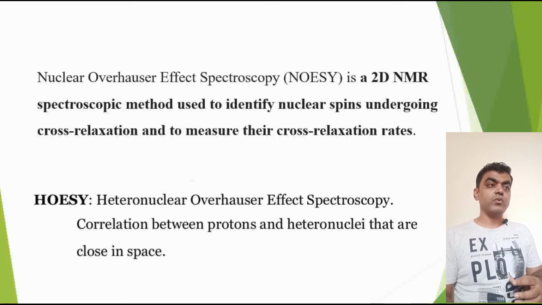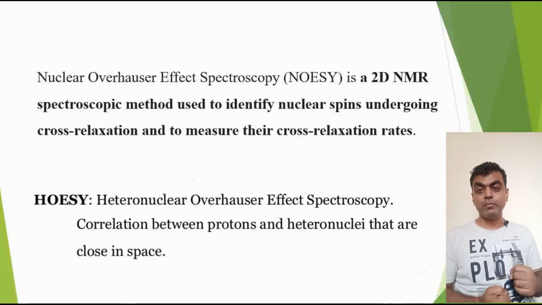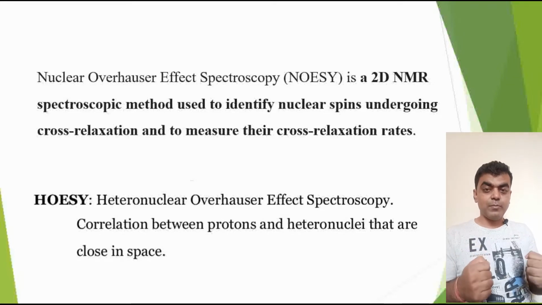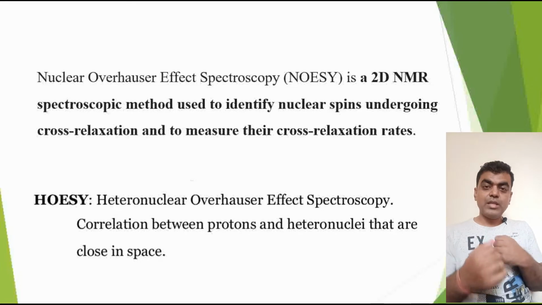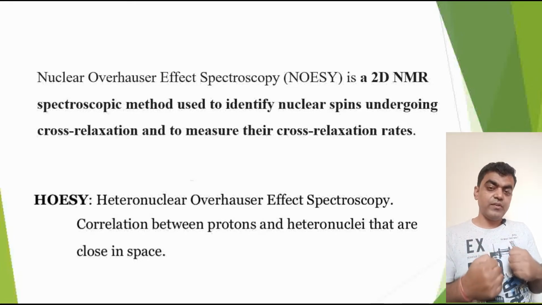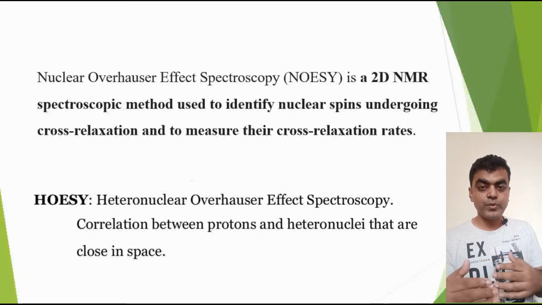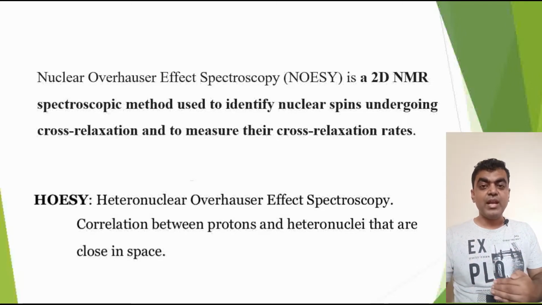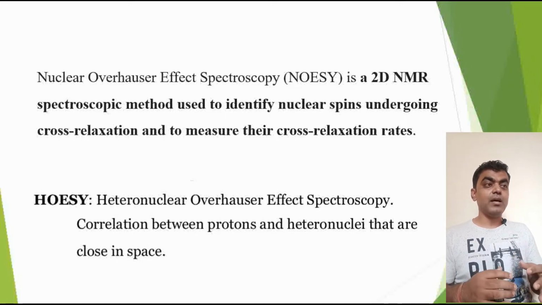Okay, so it is essentially a cross correlation experiment between proton and carbon, nitrogen and proton, so there has to be two different types of probes you are using to get two different heteronuclear resonances, and then you are seeing the cross correlation between them.